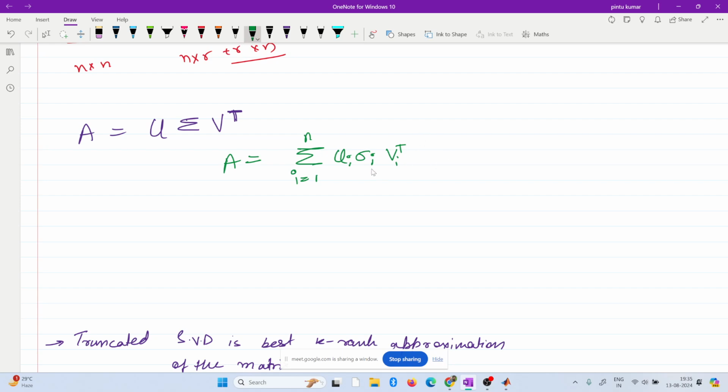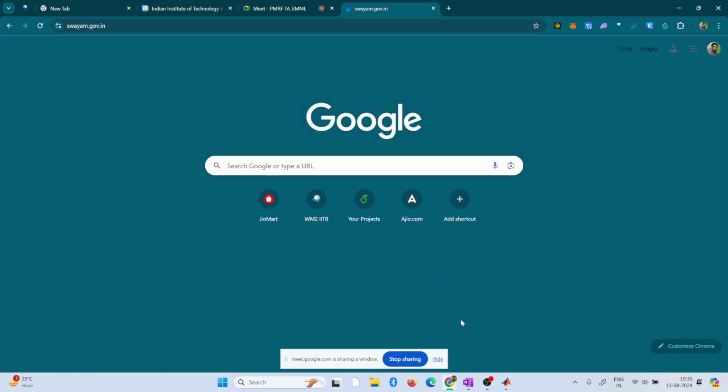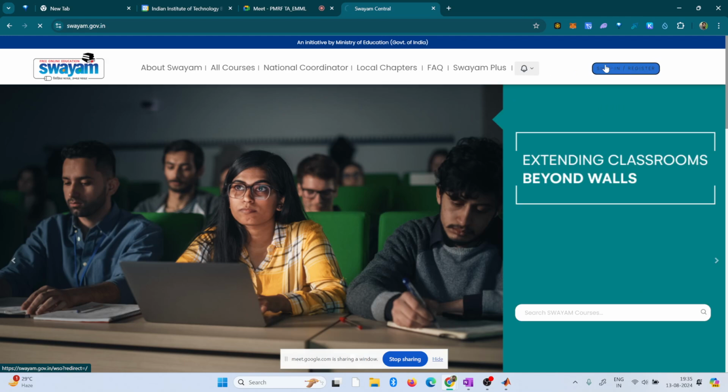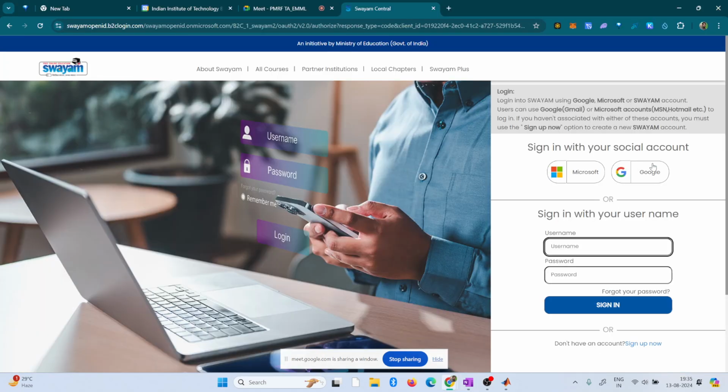Either it is this or it is Ui transpose sigma i V transpose. So this is just the difference. That you can check, or I'll probably cross check. Just give me a second, I'll cross check which one of the two is true.